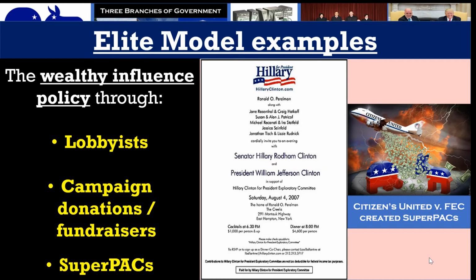And you could point to lobbyists, expensive campaign fundraisers attended by the rich, and I often point out one of our must-know cases, Citizens United versus the FEC, which created super PACs allowing individuals to give unlimited funds to candidates, presumably to receive political favors.